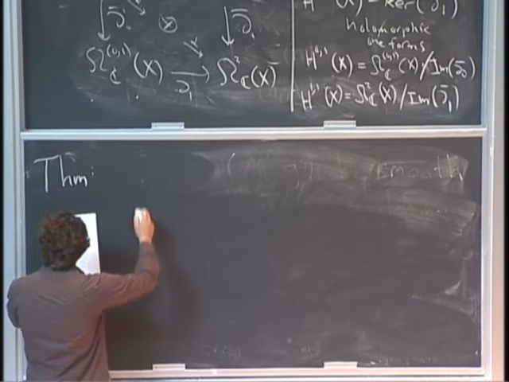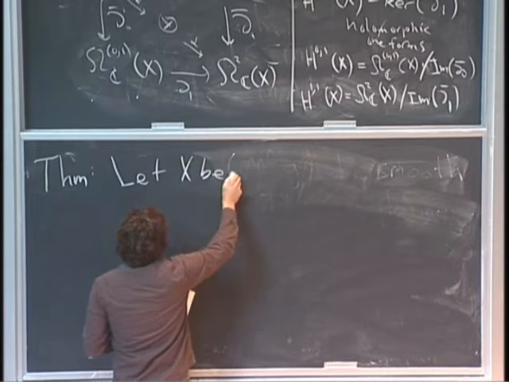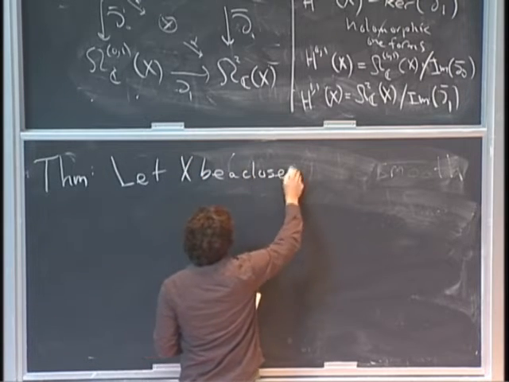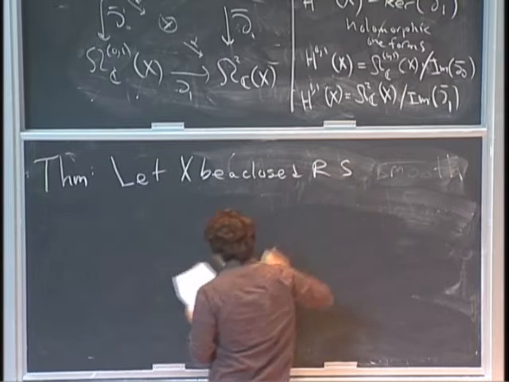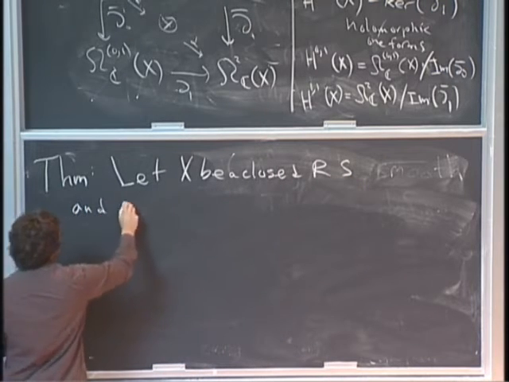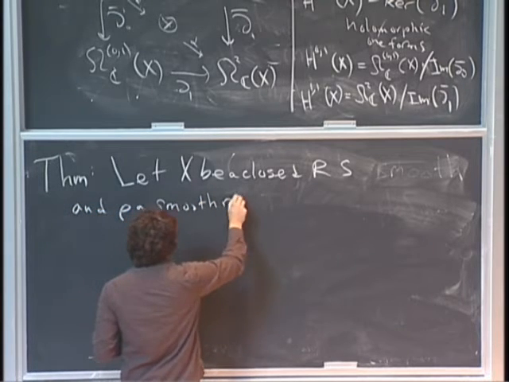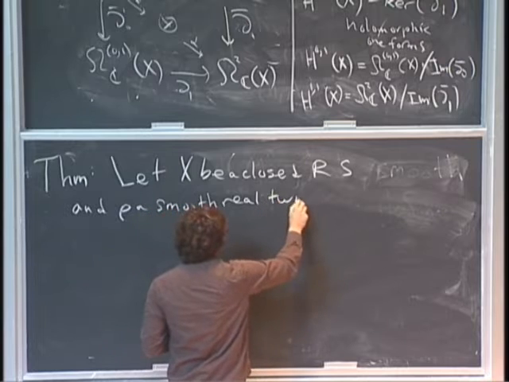So the theorem is the following. Let X be a closed Riemann surface, and rho a smooth real two-form.